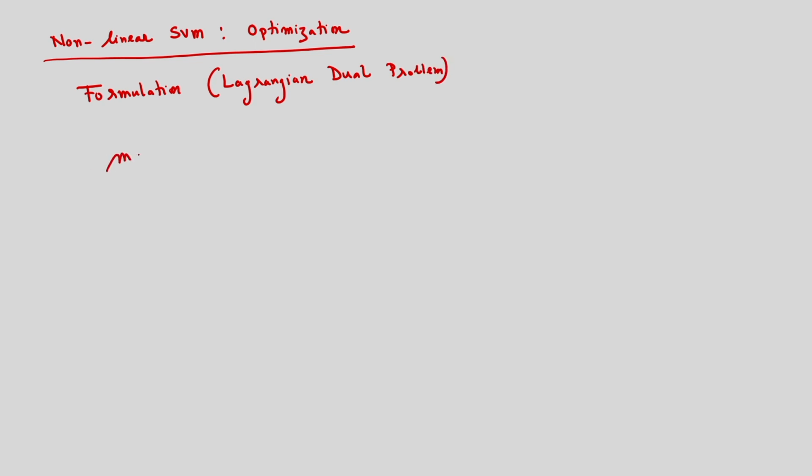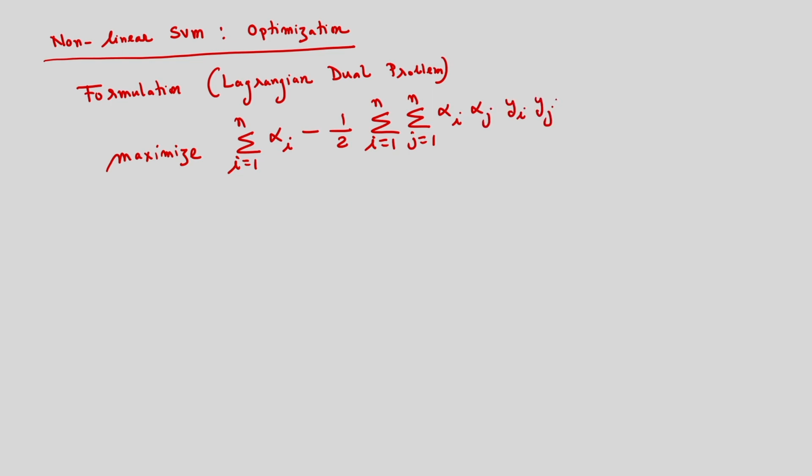The formulation is to maximize the summation over i equals 1 to n, for all the support vectors, because for support vectors alpha i is not equal to 0, minus 1 by 2 summation i equals 1 to n and j equals 1 to n, alpha i alpha j y i y j, and now we have to consider the kernel function k of xi and xj.